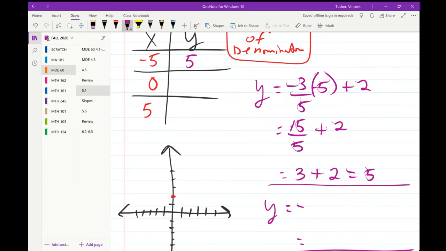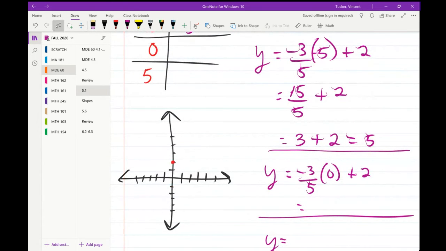All right. Plug in 0. Negative 3/5 times 0 is 0, plus 2, which is 2.